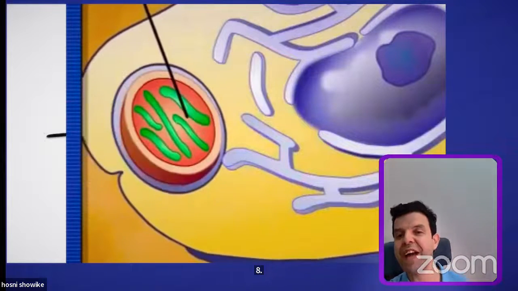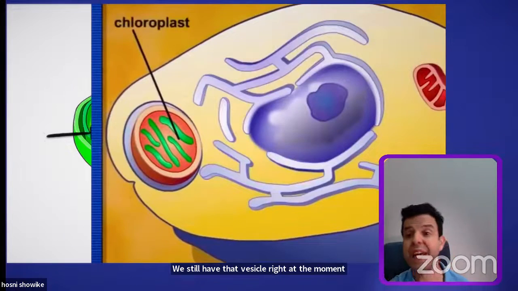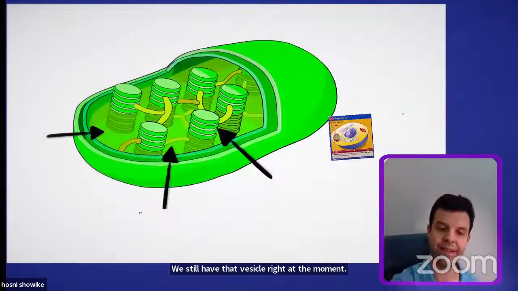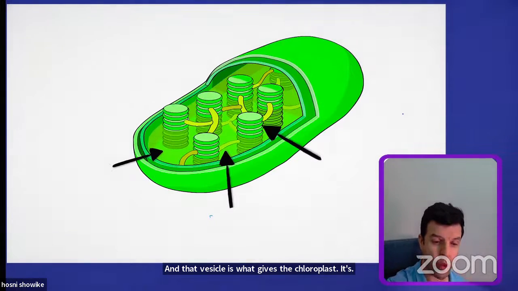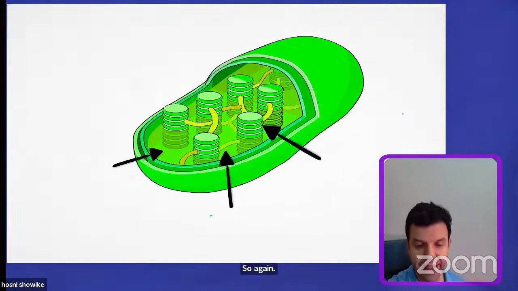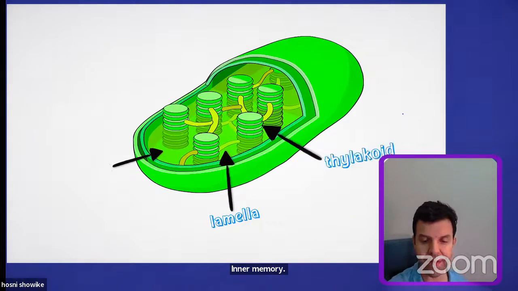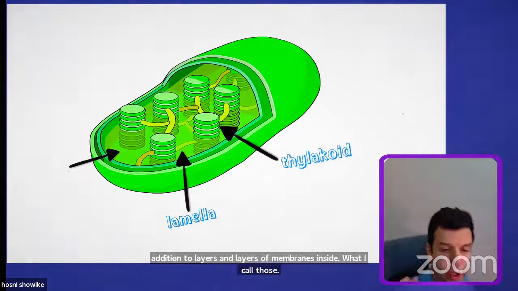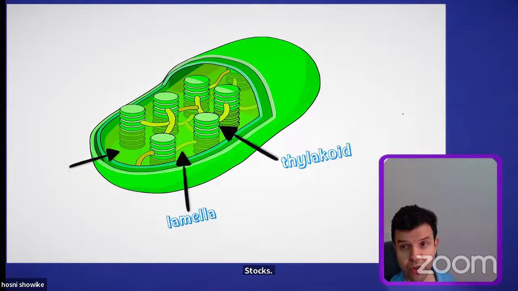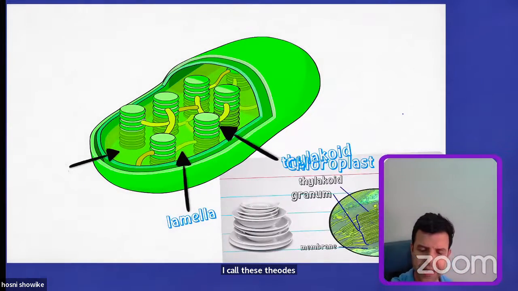We still have that vesicle right now, and that vesicle is what gives the chloroplast its second membrane. So again, every chloroplast comes with an outer membrane and an inner membrane, in addition to layers and layers of membranes inside. I call those stacks of membranes the thylakoids. All right. So again, I always imagine thylakoids as being something like this.